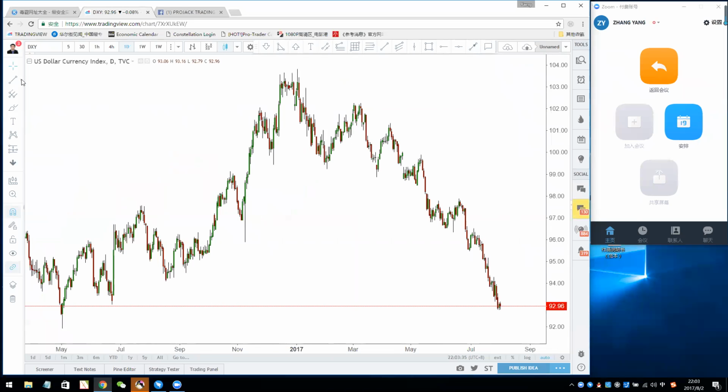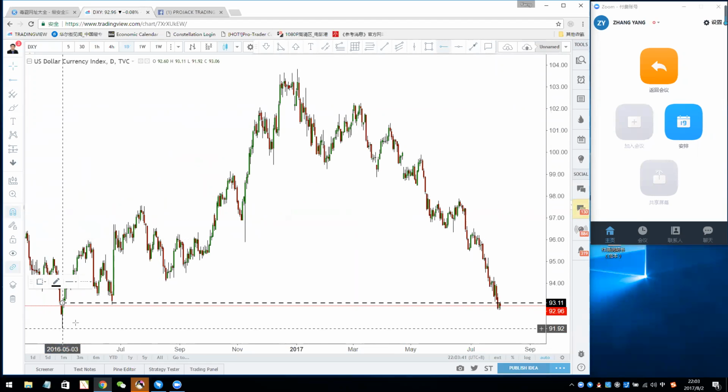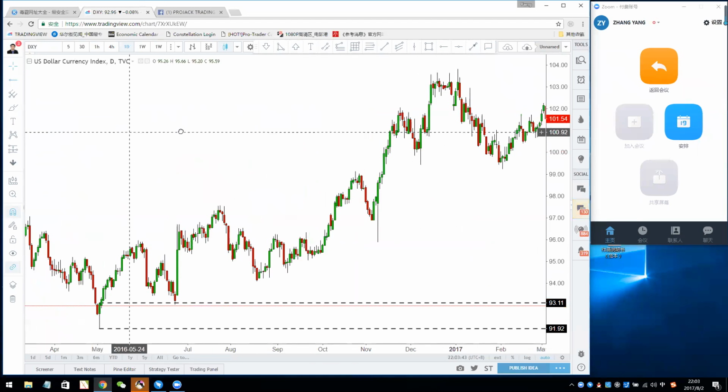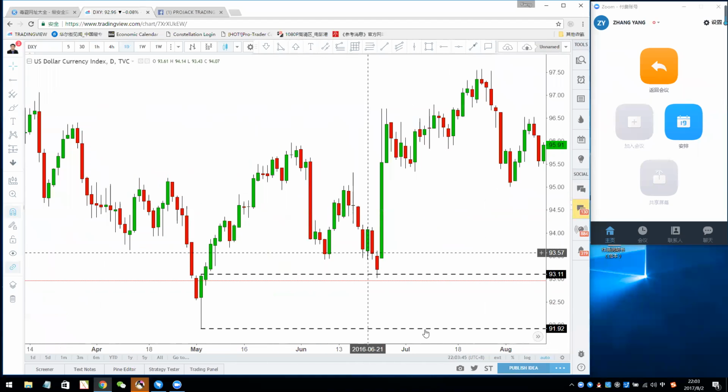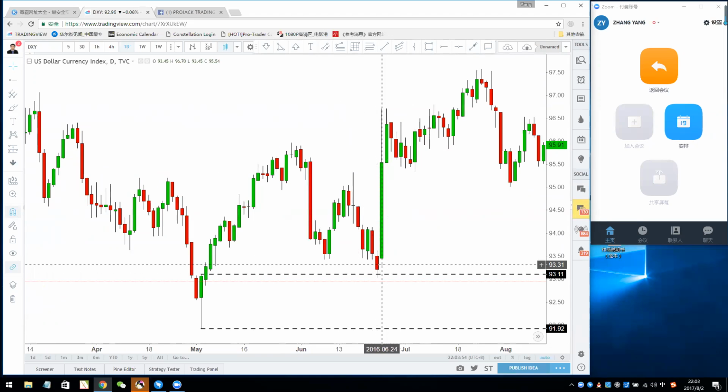This is a very important zone for the DXY, from 91.92 to 93.11, and we can see the rally from 2016 June 23rd, more than 1 year ago.